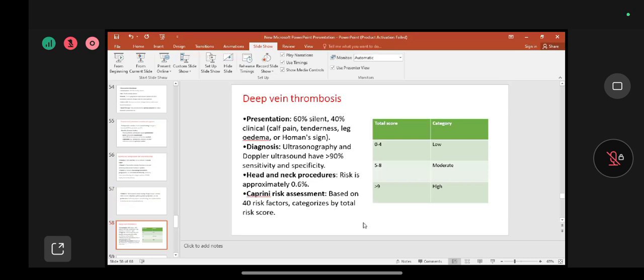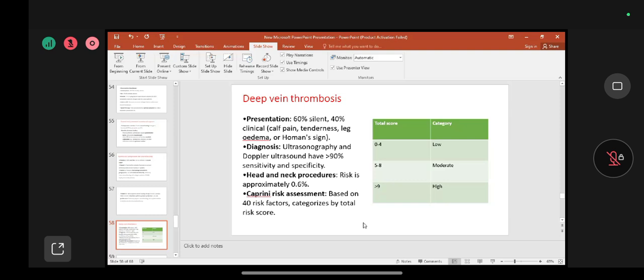For deep vein thrombosis in the post-operative period, in 60% of cases deep vein thrombosis is silent, and in 40% it is symptomatic, with calf pain, tenderness, and leg edema or Homan sign. Diagnosis is based on ultrasonography, and Doppler ultrasound has greater than 90% sensitivity and specificity.